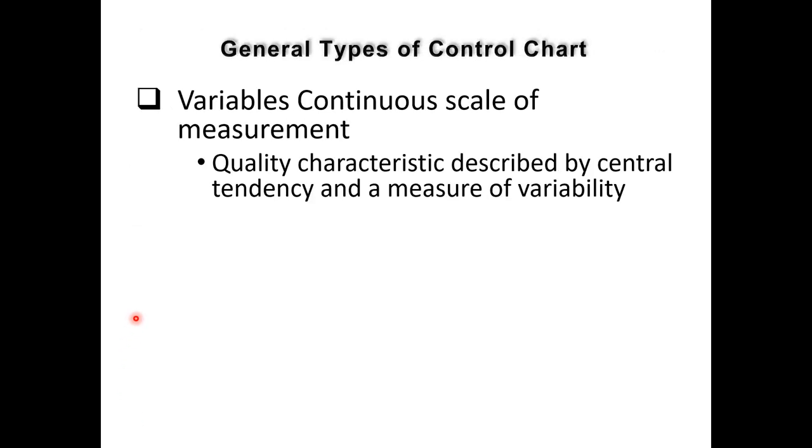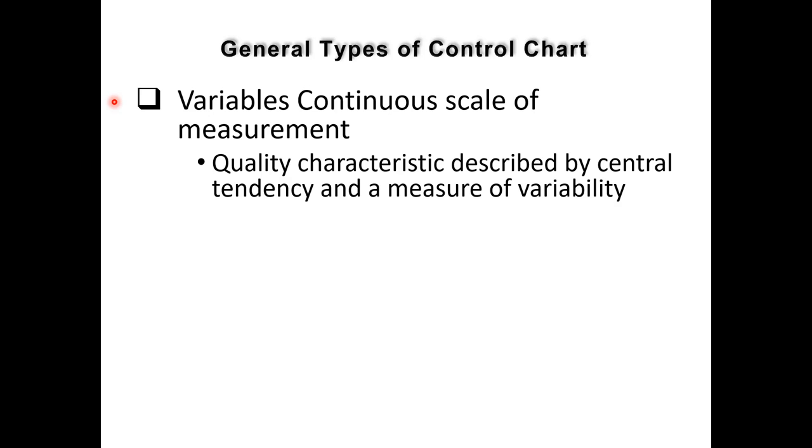Now there are two types of control charts. In most cases, if you were to design a control chart, you first of all need to know your quality characteristic and how you measure them. So when you measure your quality characteristic, you will be dealing with quality data. Based on that quality data, you will know what type of control chart you will come up with.